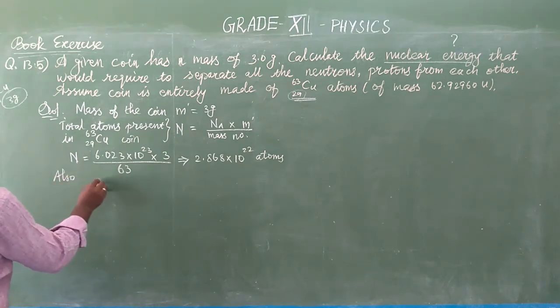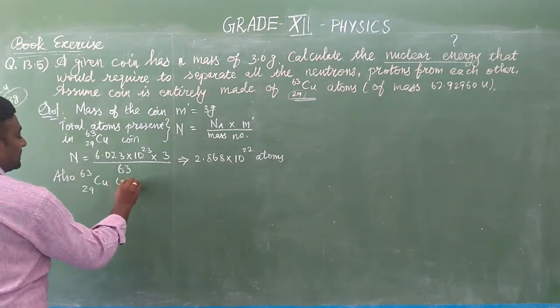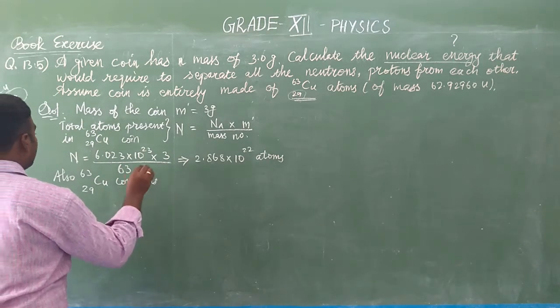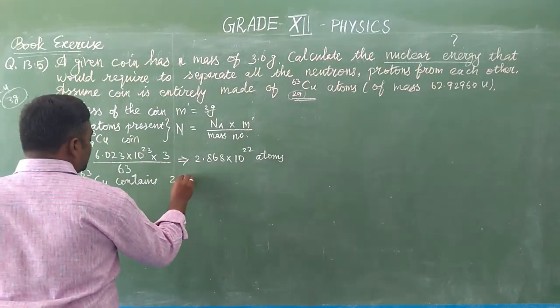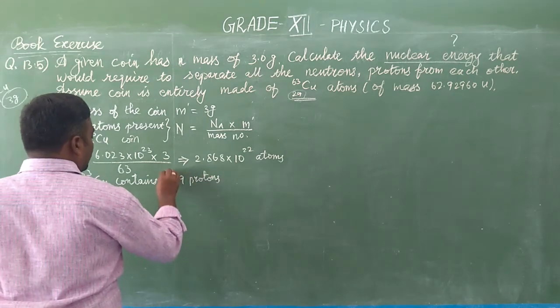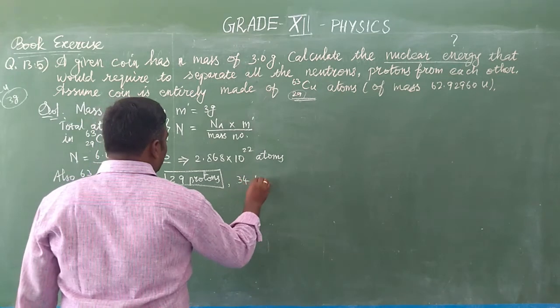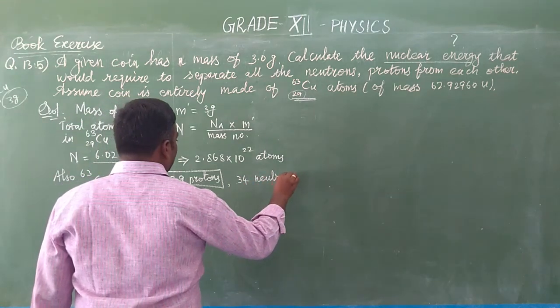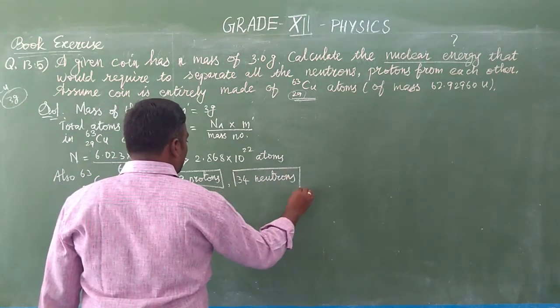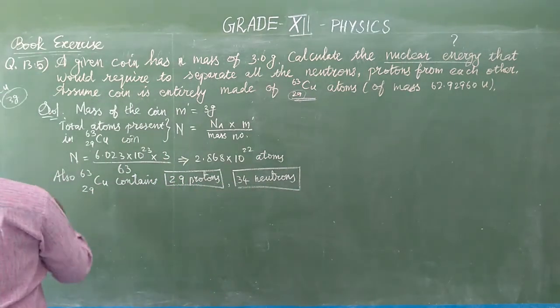Also, copper 29 63 contains 29 protons as well as 34 neutrons, because 29 plus 34, which is equal to 63, that is the mass number of the copper.